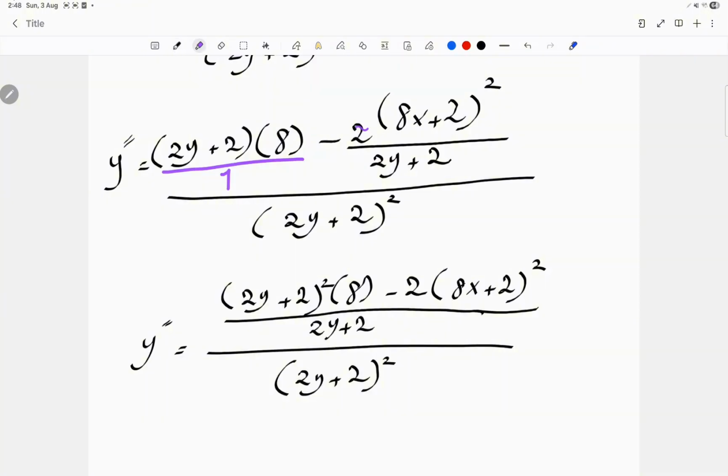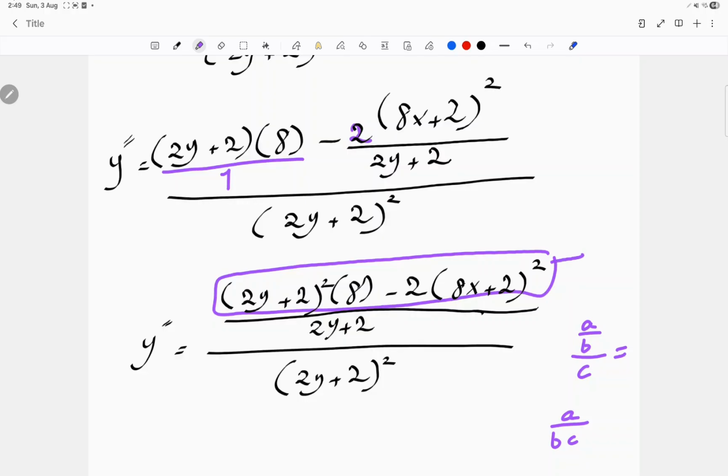You mean this 2? And now what? If you have a over b over c, it's equal to what? A over b times c, correct? This is the a. This is the b. And this is the c.